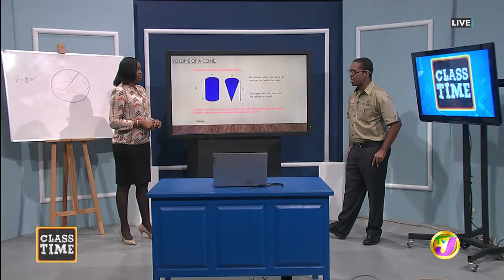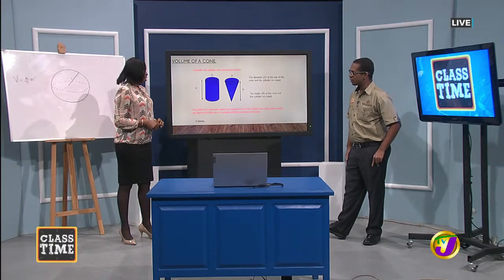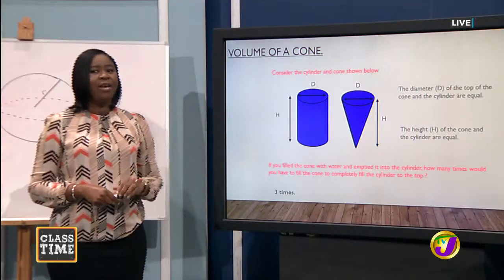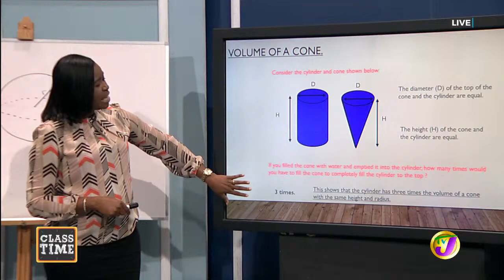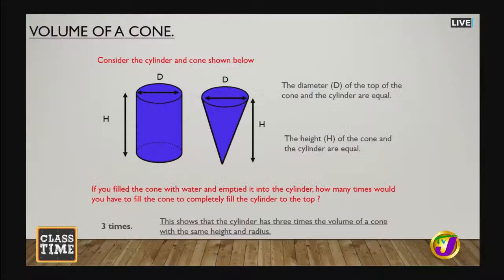So the cone is going to be 1/3 the volume of the cylinder. Good. So we're going to see how that 1/3 comes into play in calculating the volume of our cone.